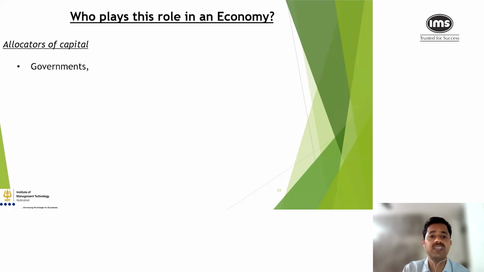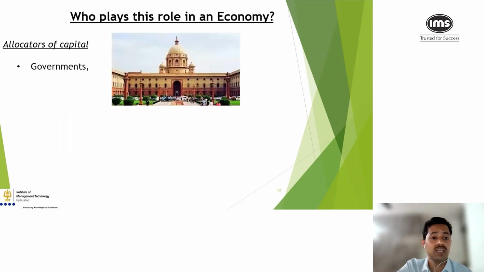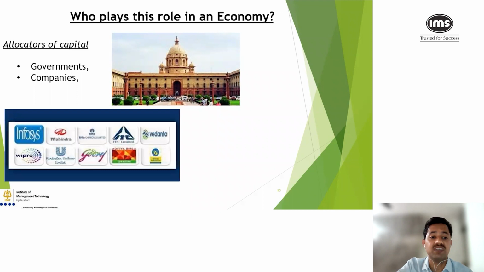Governments are the ones which have huge funds with them, which they want to allocate to various projects. Then it could be companies. Companies are also investing funds. So those could be the second category of entities which are doing the function of allocation of capital.